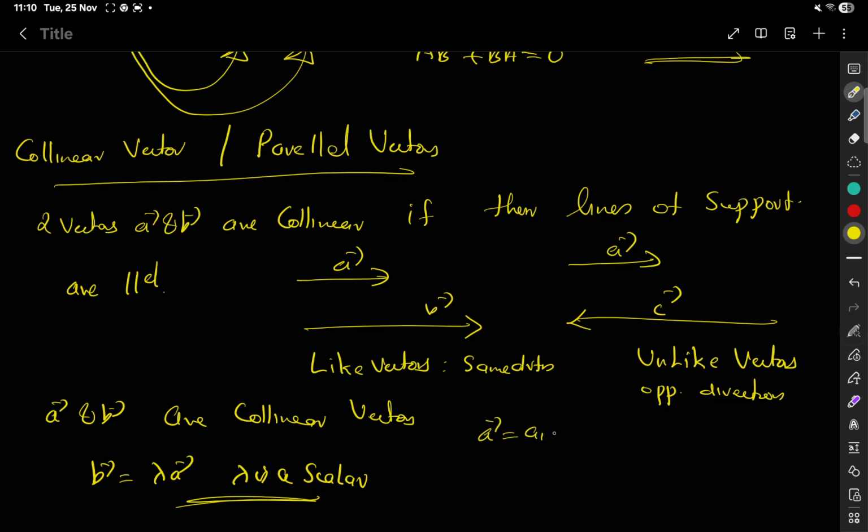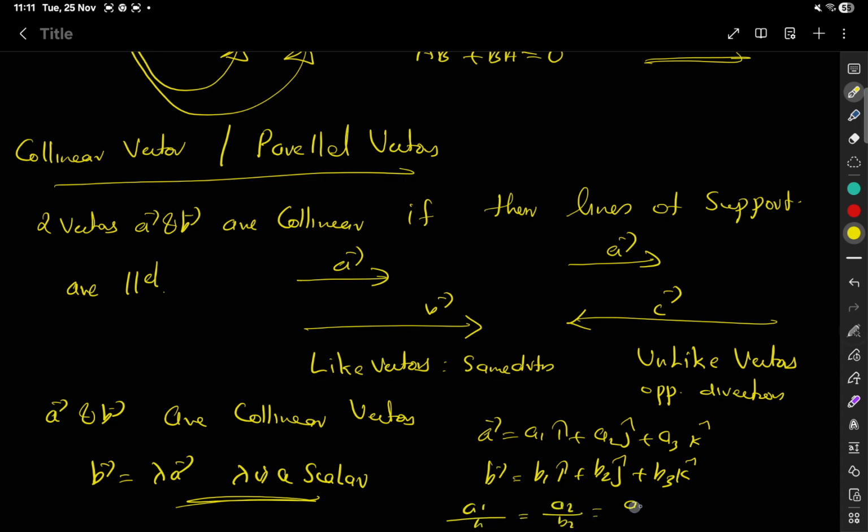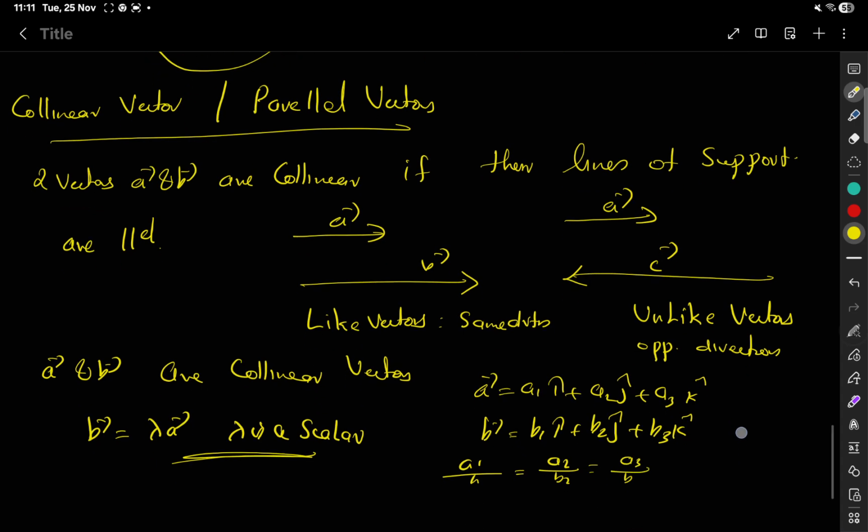If A equal to A1 i cap, A2 j cap, A3 k cap, and B equal to B1 i cap, B2 j cap, B3 k cap, and A and B are collinear, then I can write A1 by B1 equal to A2 by B2 equal to A3 by B3. Clear?